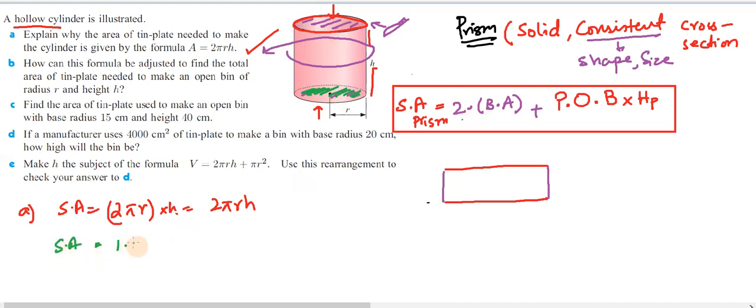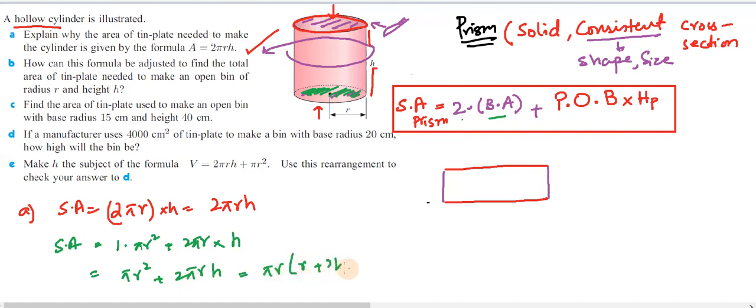One base area is a circle, so pi r squared, plus the perimeter of base, which is 2 pi r, times the height of the prism, which is h. Thus our formula is pi r squared plus 2 pi r h. Or you can take pi r as common, and you'll be left with pi r times (r plus 2h). So this is the adjustment that we can make for part B, for an open bin.